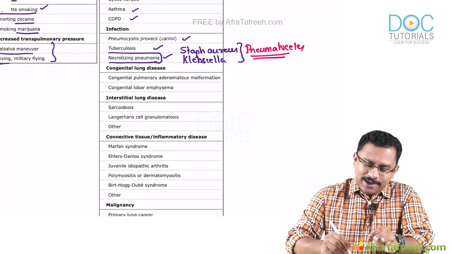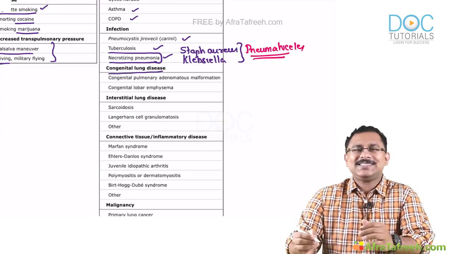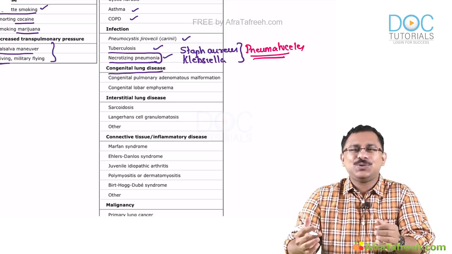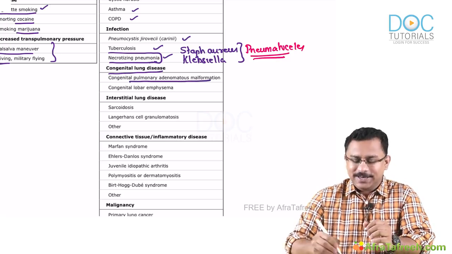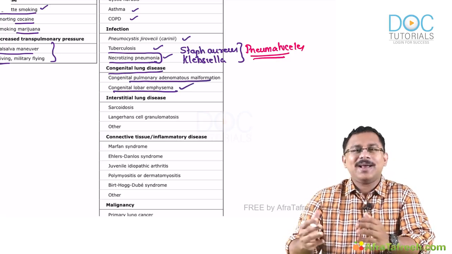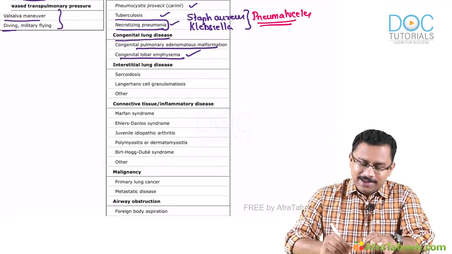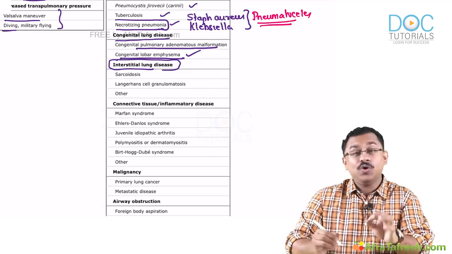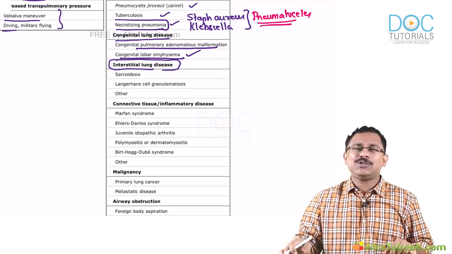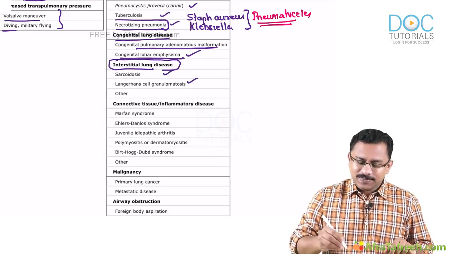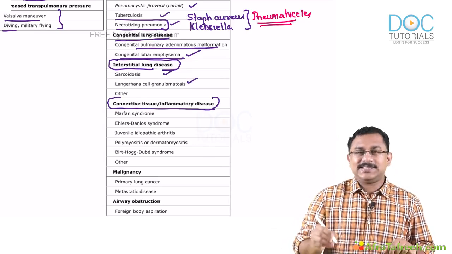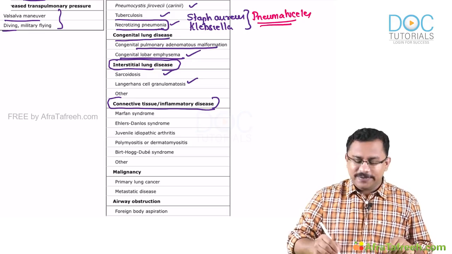Okay, and certain congenital lung diseases also can predispose to pneumothorax, like congenital pulmonary adenomatoid malformation and a congenital lobar emphysema. Okay, interstitial lung diseases, though less likely, can also produce pneumothorax, sarcoidosis, Langerhans cell granulomatosis. Connective tissue diseases, very, very important, Marfan syndrome.